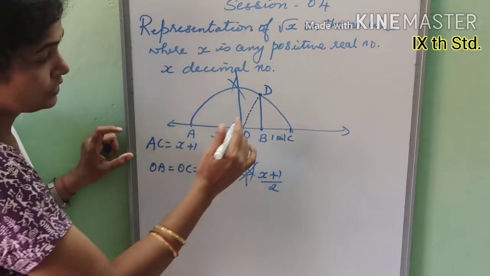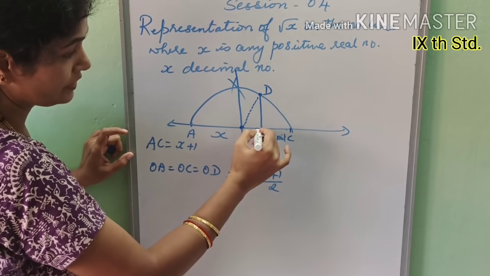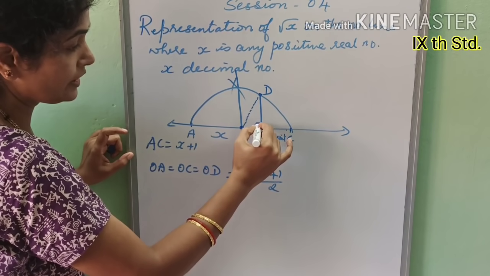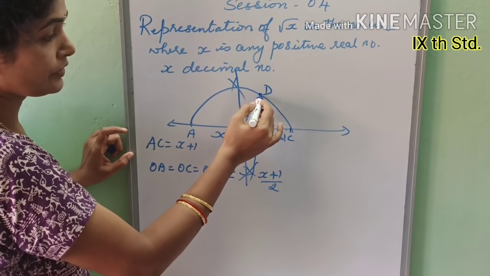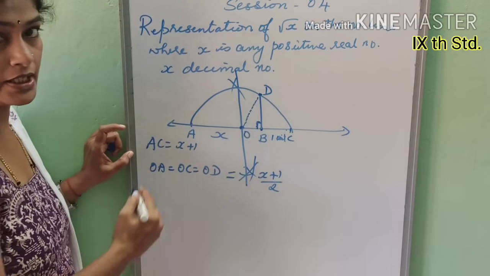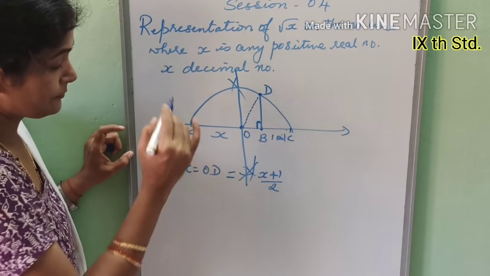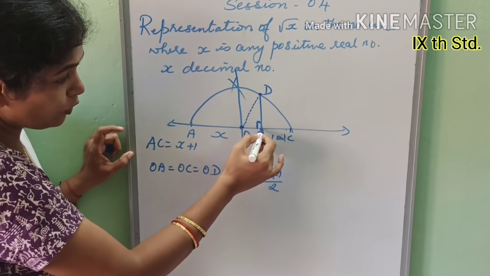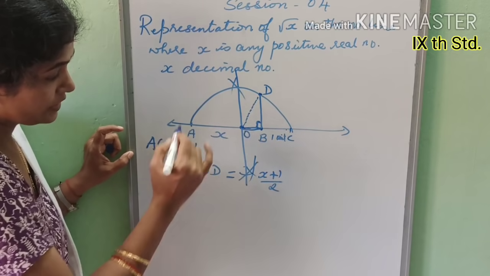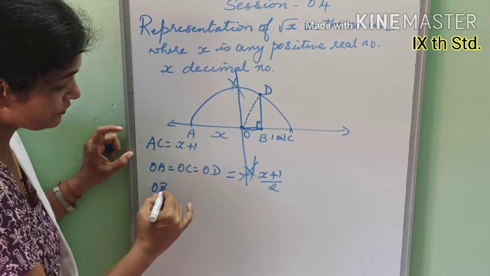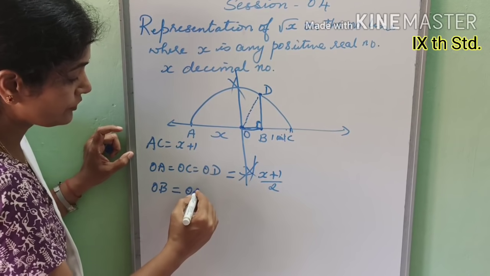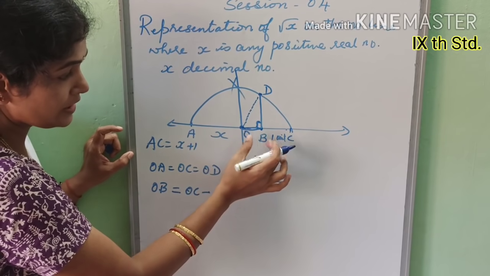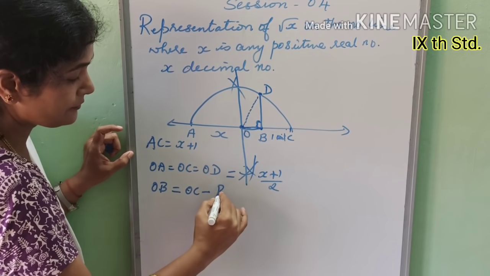Right? Now, look at this triangle. This is a perpendicular. We have drawn BD as perpendicular, which is intersecting this semicircle at D. Right? Okay. Now, what is this OB equal to? This OB is equal to OC minus BC.